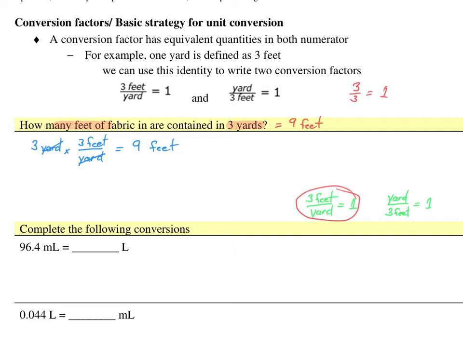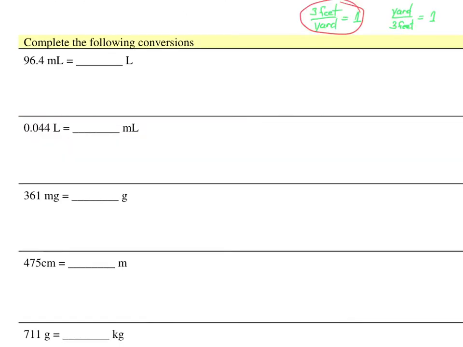We're going to do the same process going through these metric to metric conversions. In this first problem, we're converting between milliliters and liters. So I'll remind myself that 1,000 milliliters is equivalent to a liter.